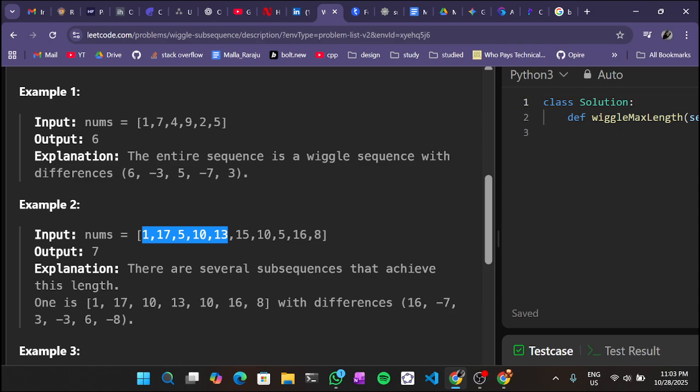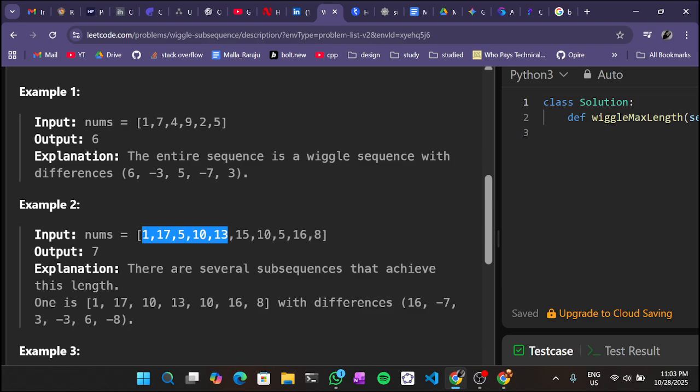Now 10 minus 13 is negative. So if we remove 15, 10 minus 13 is positive. Sorry, 5 minus 10 is negative.